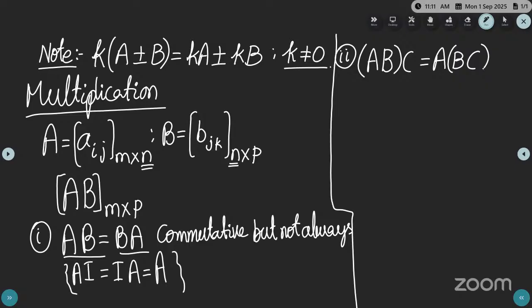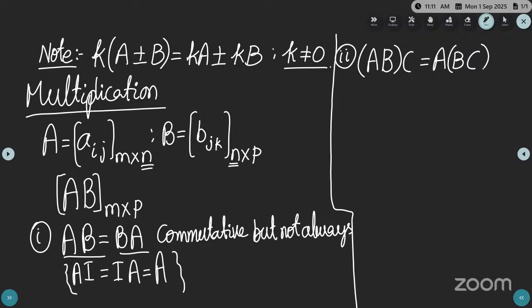Okay, write the third one. A into I equals I into A equals A. The same one, you just write it.